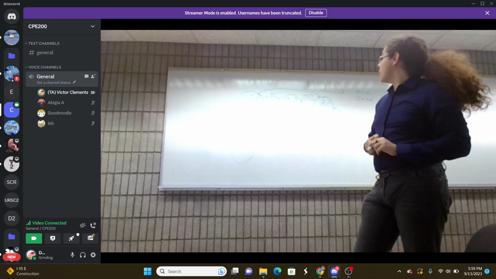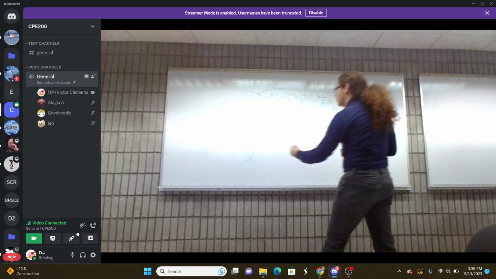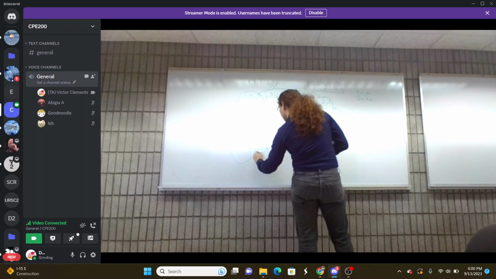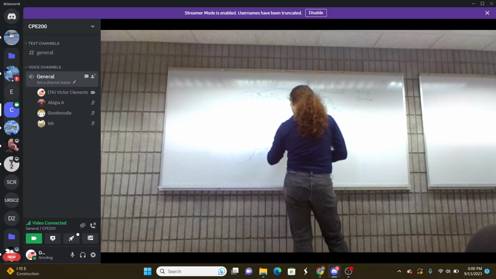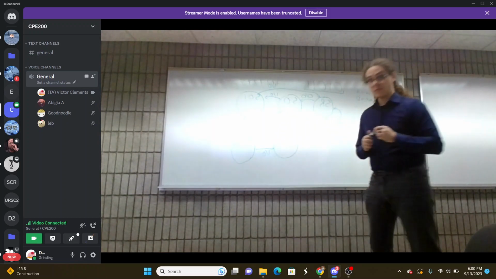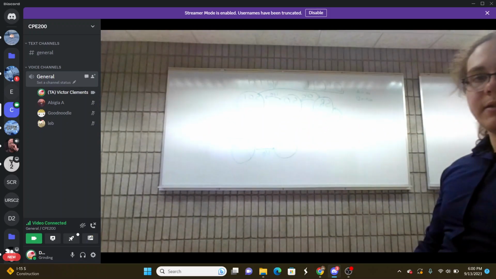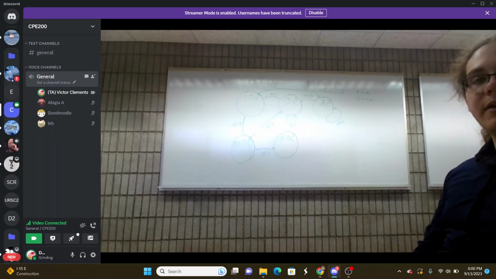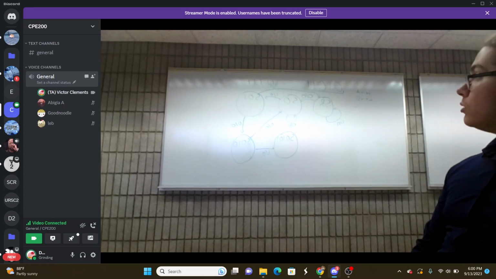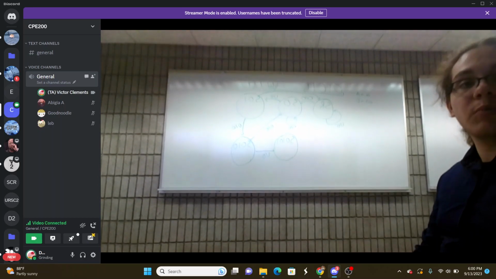So if we get a 1, we're going to end up moving on to the next state. And then finally, for the last state, and I say this is the last state because after this point, we will have either received the full sequence or we're going to reset somewhere back to one of the previous states.